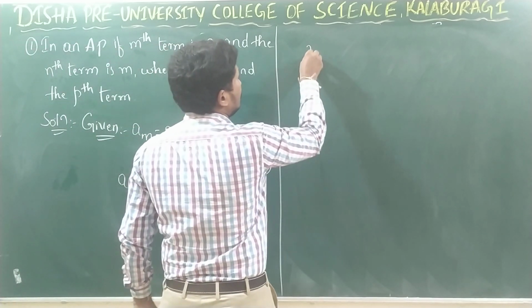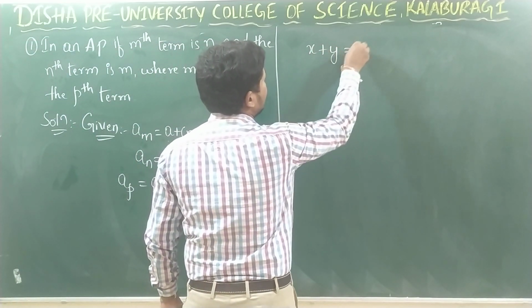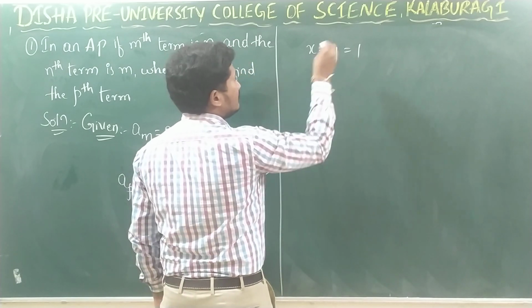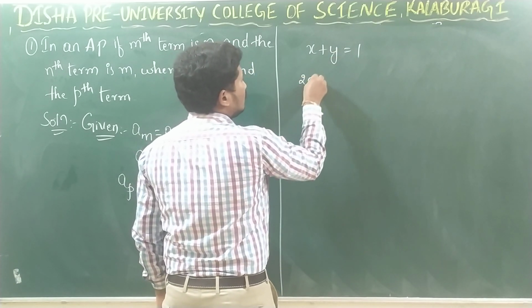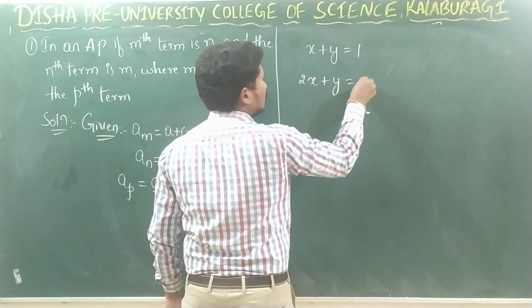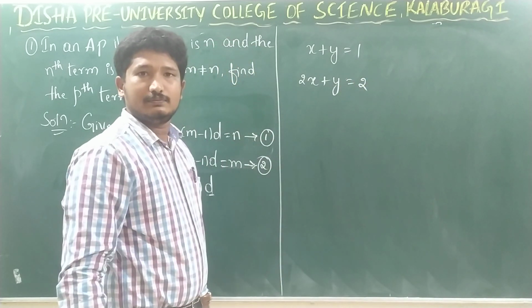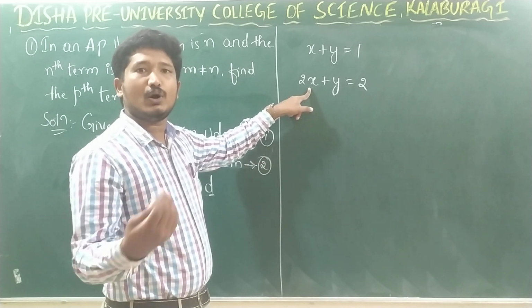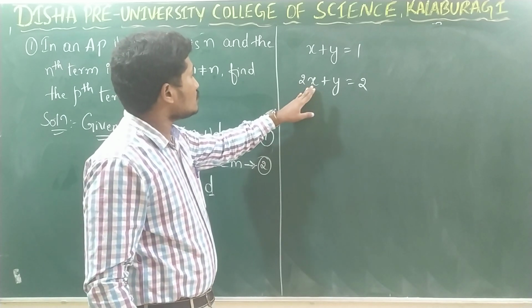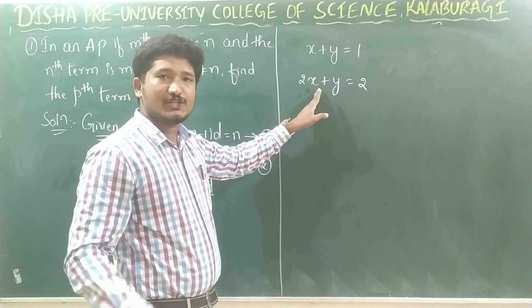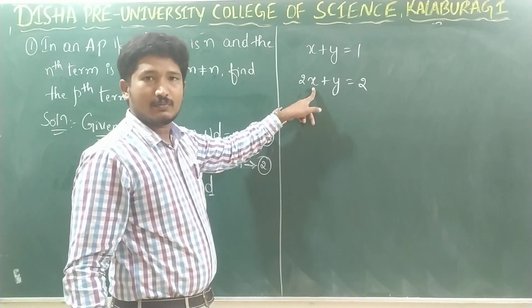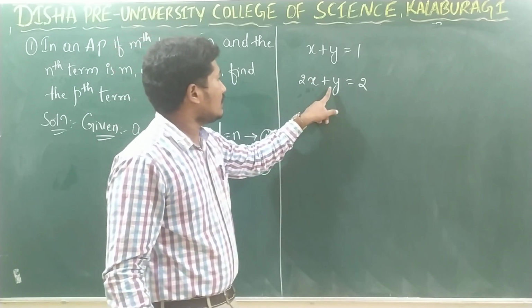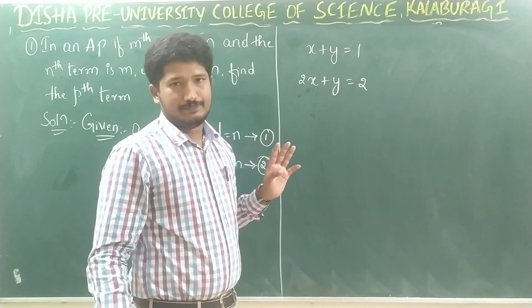That is, you have solved a system of linear equations like this. x plus y is equal to 1. 2x plus y is equal to 2. So, in order to find the values of x and y, what you used to do? You used to equate the coefficient of any one of the terms and eliminate that, and the other term value you used to get. Am I right?